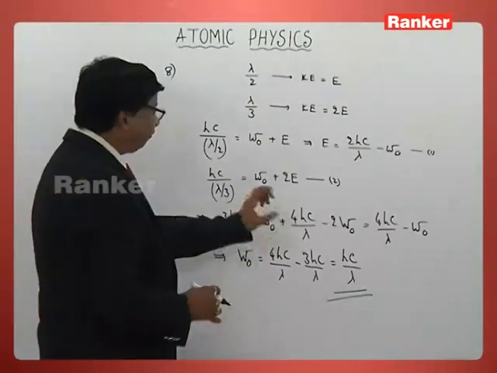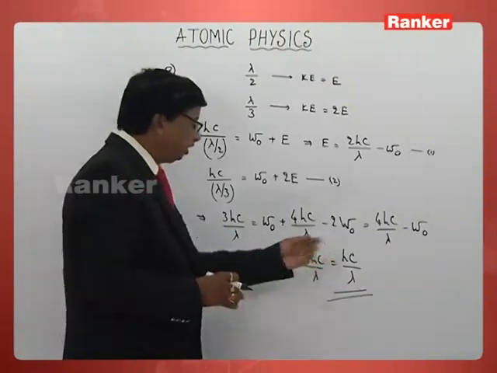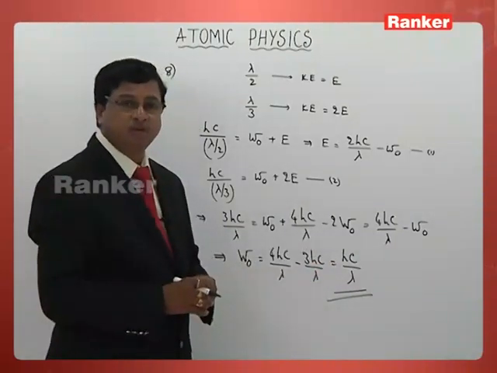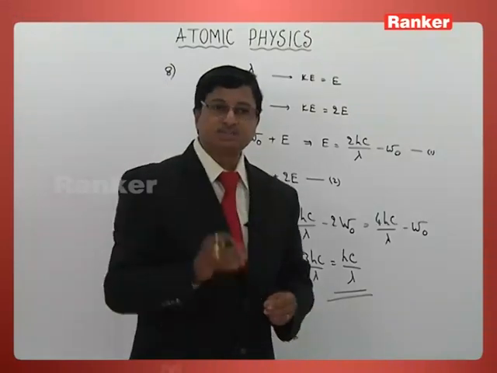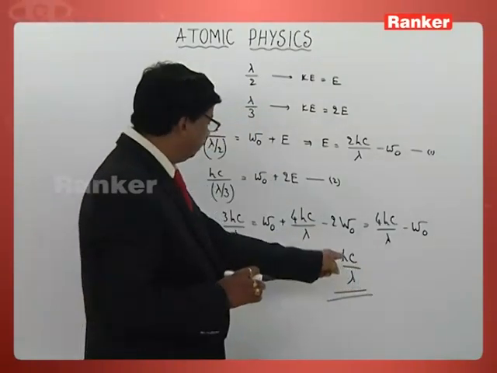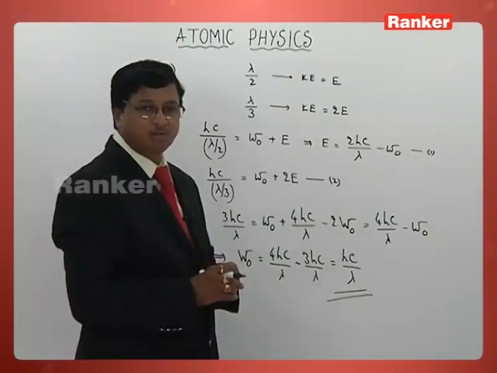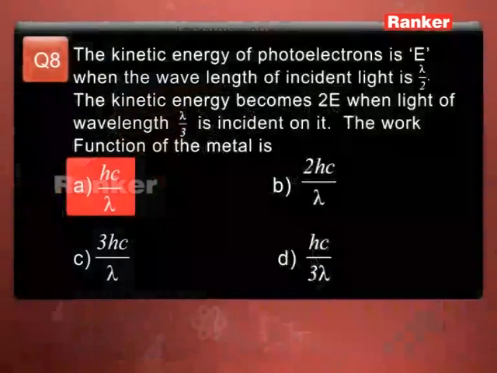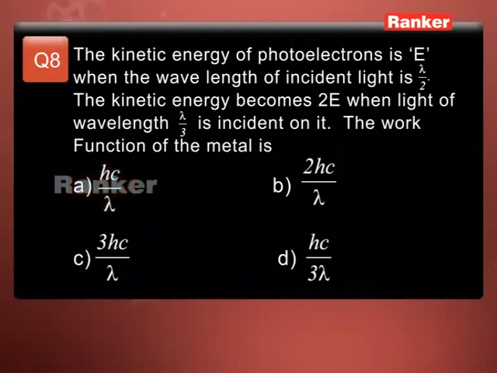So what is the work function, the question? We are getting that as hc by lambda. Out of all the 4 options given, the very first option coincides with the outcome of this calculation we have got. So what can we write now? The answer for this particular problem is going to be A.